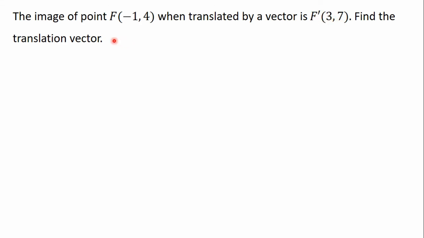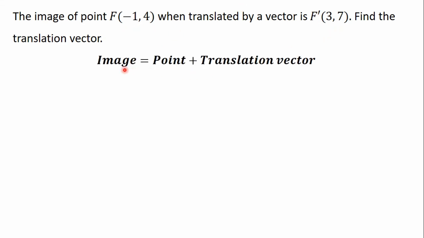The question is telling us that point F was translated by a translation vector to get the image F prime, so we have to find that translation vector.